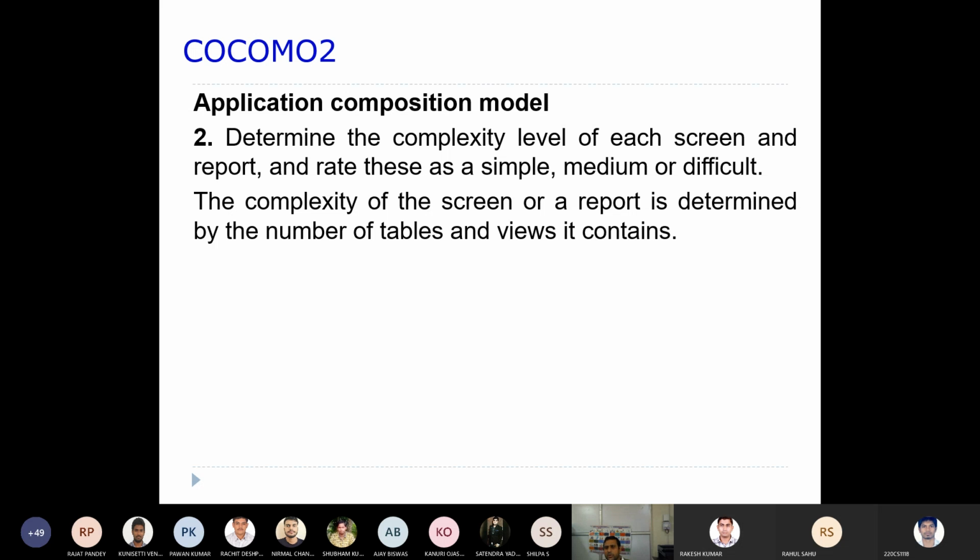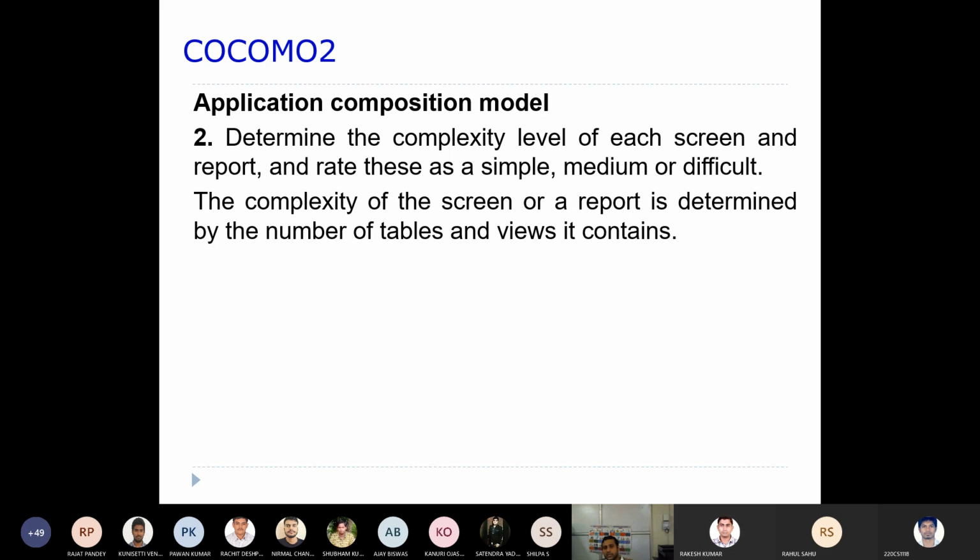The complexity of a screen could be a very simple screen, a screen of medium complexity, or a difficult one. Let's say you require four screens as part of that software: one is very simple, another is medium, and the other two may be difficult. This way you need to define it.